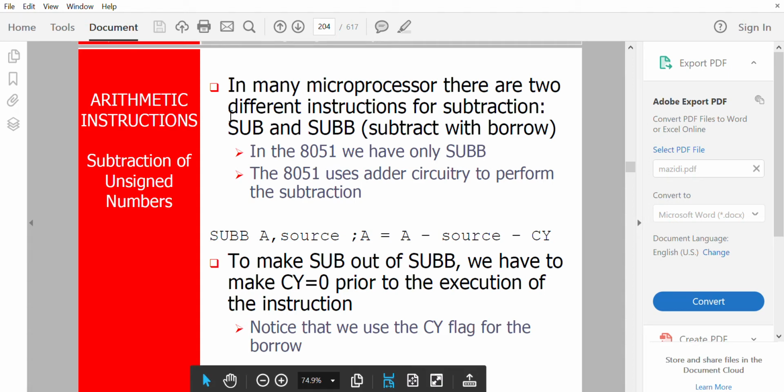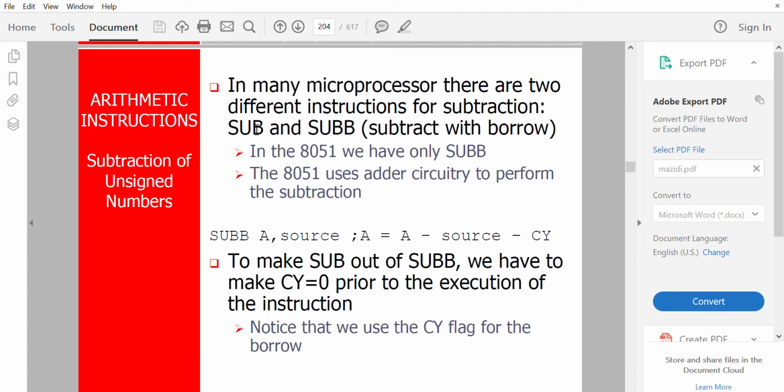Here they are talking about two types of subtract. One is SUB and the other is subtract with borrow, SUBB. In the case of 8051, which we are dealing with, you have only SUBB, the subtract with borrow. You don't have SUB.